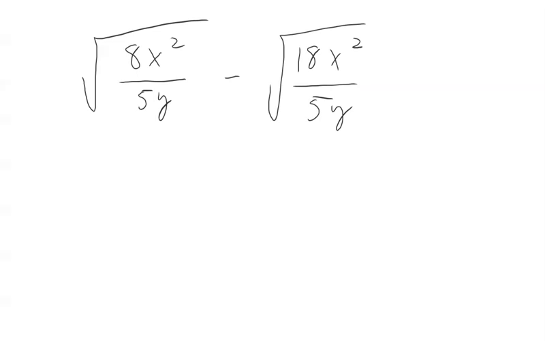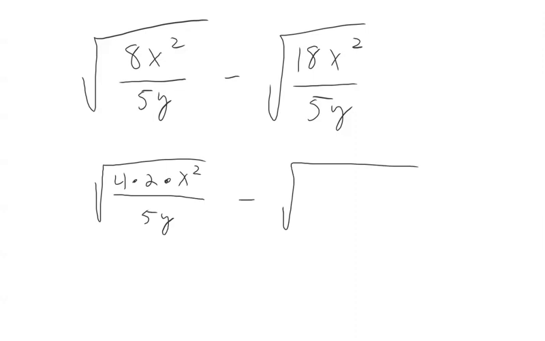So we simplify this. 8 is not a perfect square, but 4 times 2 times x squared all over 5y minus the square root of 9 times 2 times x squared all over 5y. And take the square root of 4, that's 2. Can't take the square root of 2, take the square root of x squared, that is x. Take the square root of 9 is 3. Take the square root of x squared, that is x.